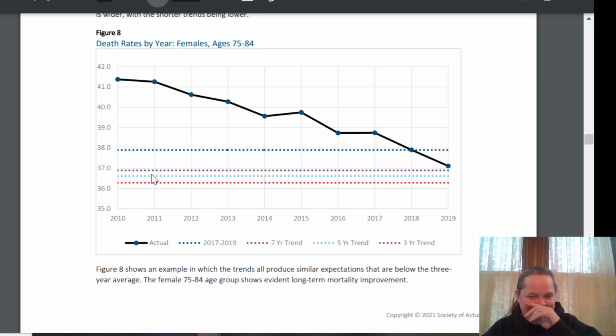Not a problem. If we just do an average of 2017 to 2019, again, we get something that's at about where 2018 is. Depending on whether we want to do a 3-year, so 3-year gives us the steepest, it's the lowest expected base. The 5-year is a little less steep, and going to be higher, and then the 7-year is a little less steep, even so.